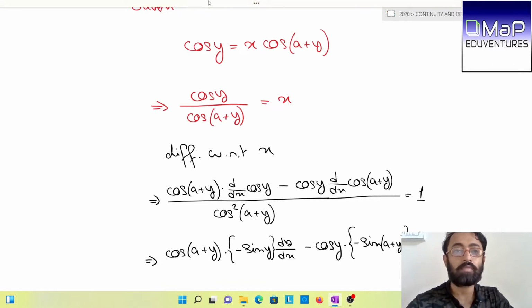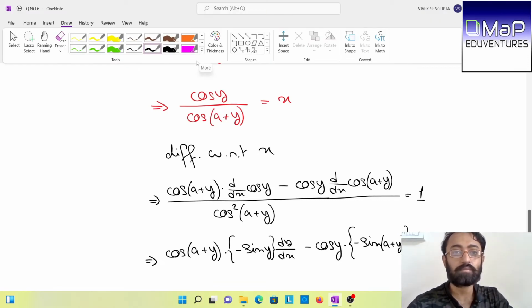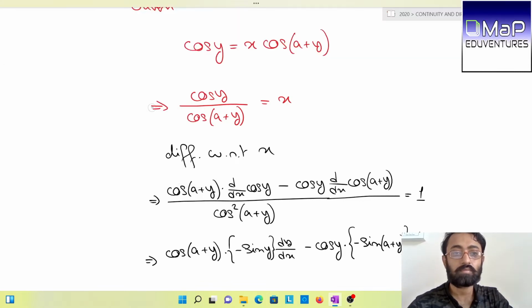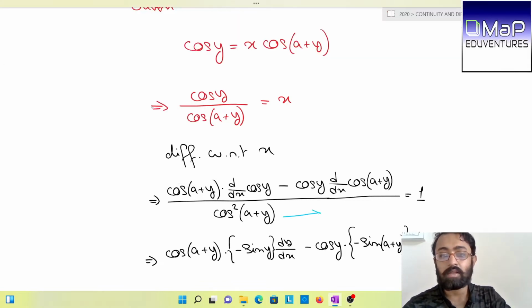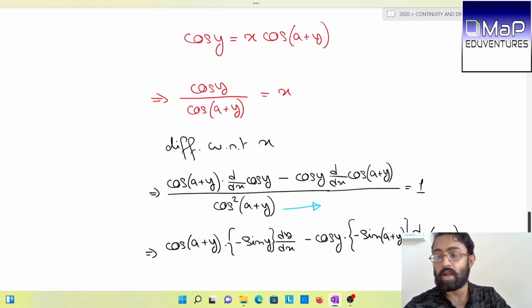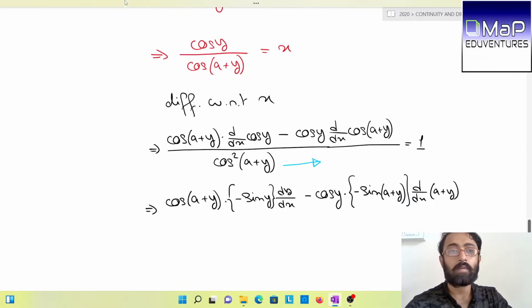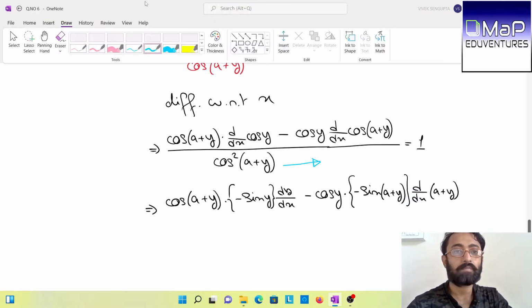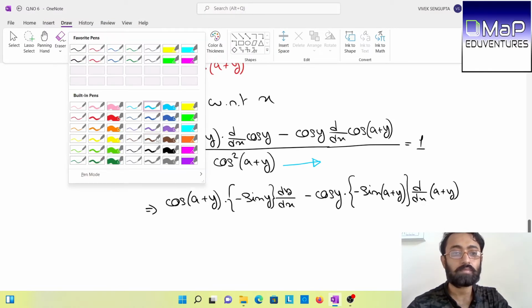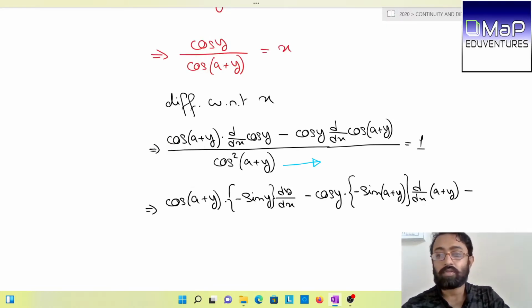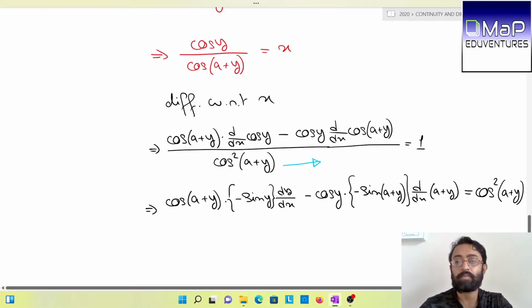And let us do one more thing. Let us take this denominator on the right hand side. Alright, so here আমি কি পাম, cos square a plus y. Okay, simple, we have taken to the right hand side.